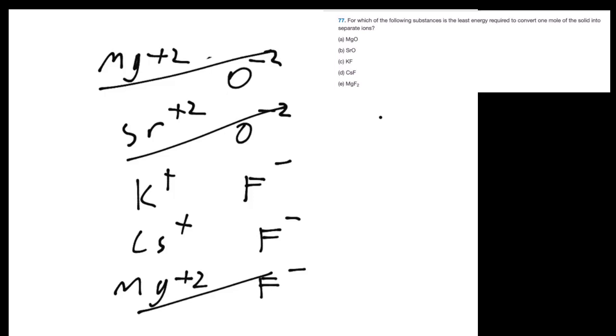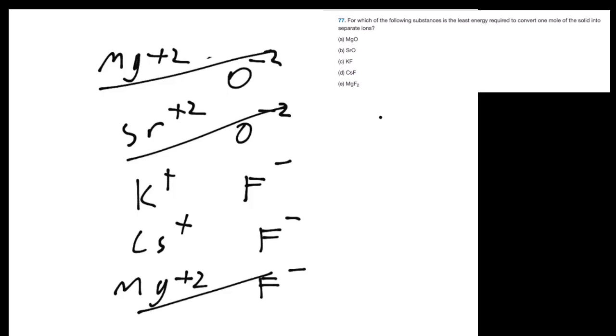So which one is the answer? Well, the cation with the biggest radius has the lowest lattice energy. Whichever one's bigger has a greater distance between its ions, so that means it has the lower lattice energy. So whichever one of these is bigger is the one you're looking for.